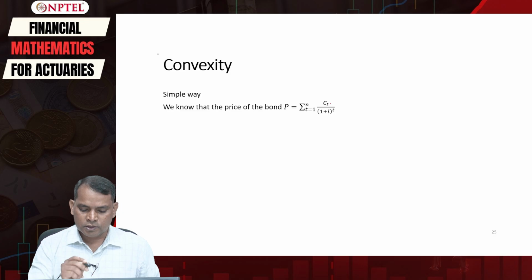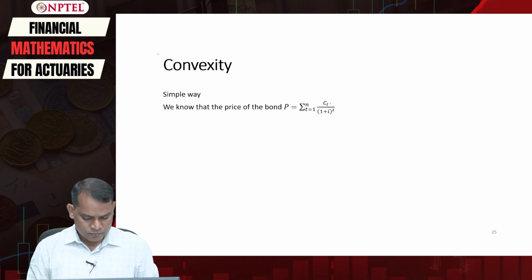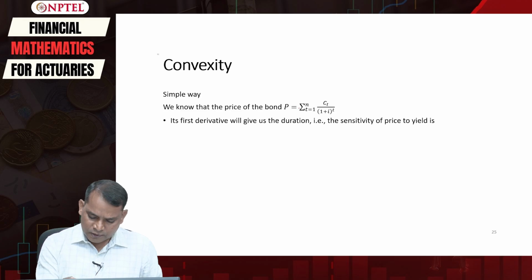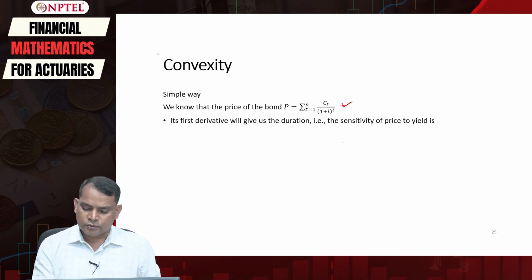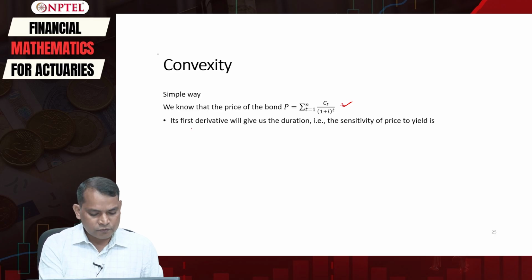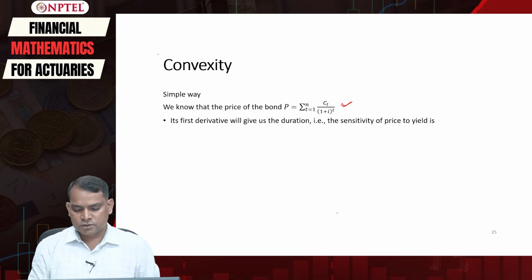This is how we compute the price of the bond. Now once you compute the price of the bond, we take the first derivative, which will give us the duration, or the modified duration.